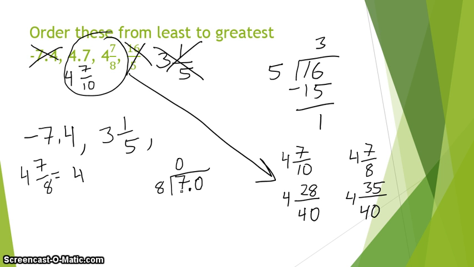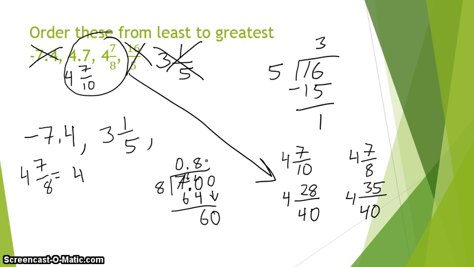So 8 into 70 will go in 8 times, and then 8 times 8 will give us 64. 70 minus 64, we're going to borrow 1, so 10 minus 4 is 6. I'm going to bring down another 0.